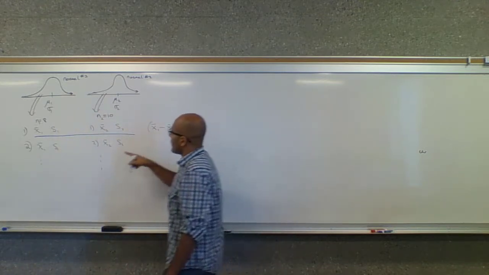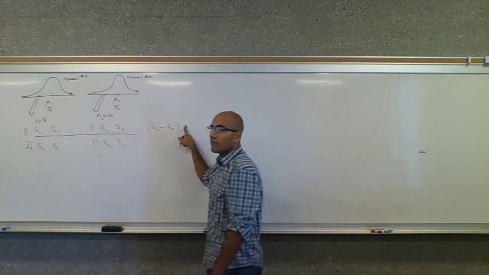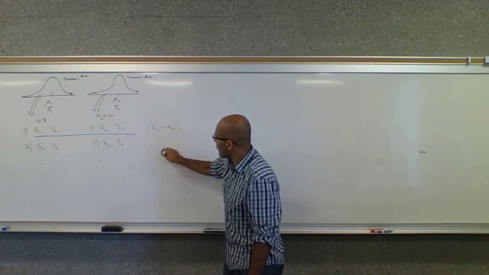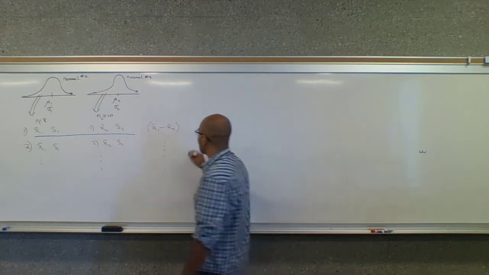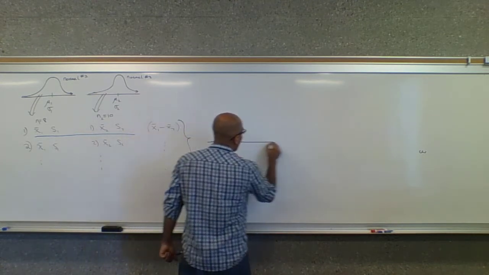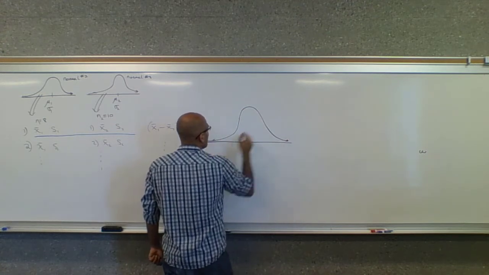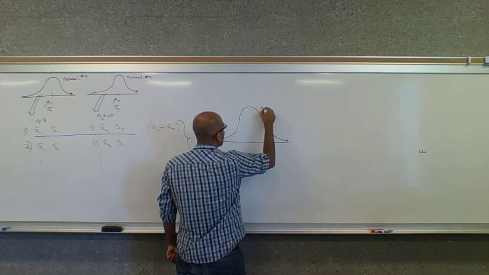So we get some number there, we get some number there, we subtract them, we get a little value there. We do that over and over again for all these subtractions, and then we graph them. And just like before, we would see that this is a nice normal distribution.